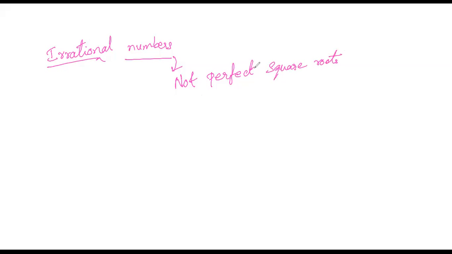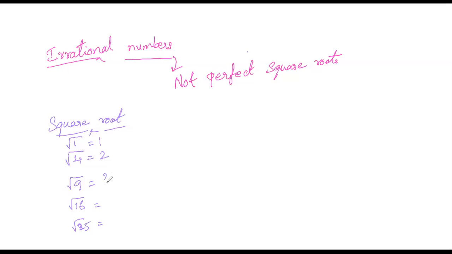So what do you mean by not perfect squares? You might have a question: what do you mean by square root numbers? Square root of 4, what is the square root of 4? What is the square root of 9? What is the square root of 16? What is the square root of 25? If we take the square root of these numbers, we'll get a whole number.